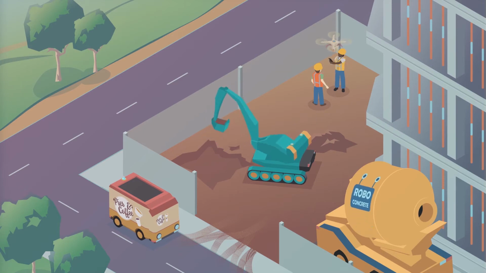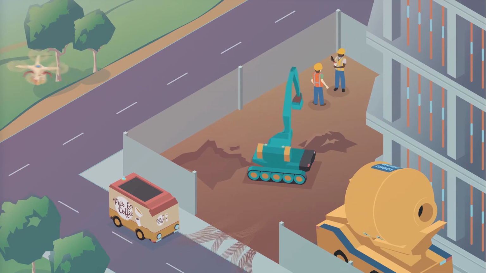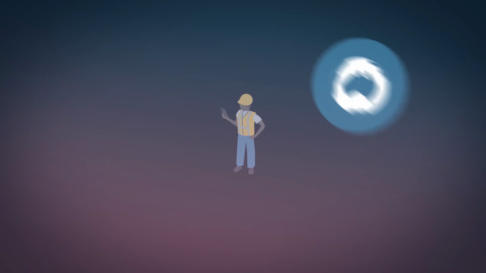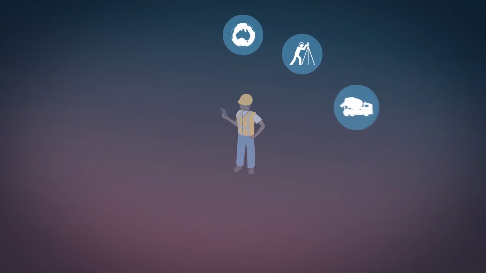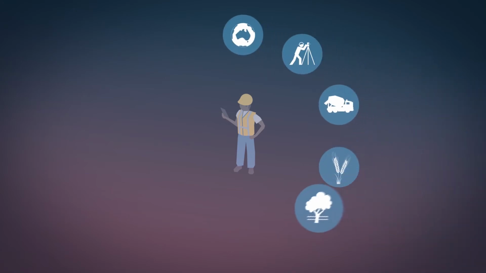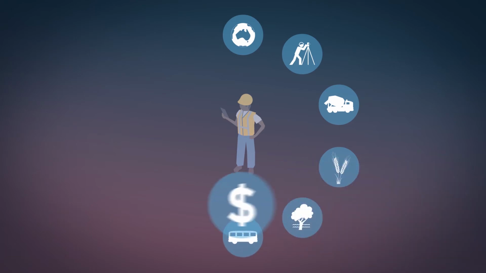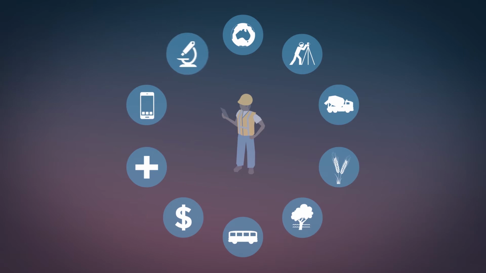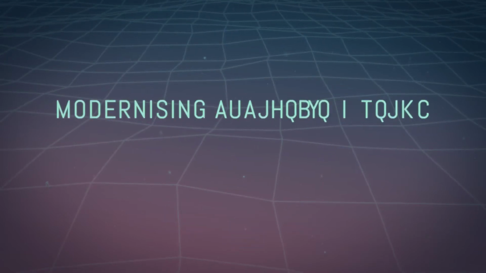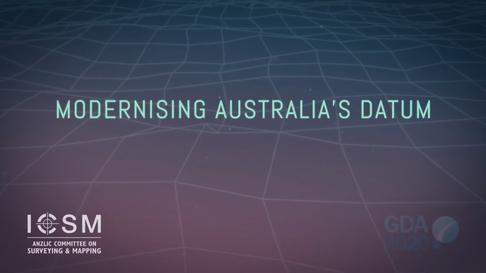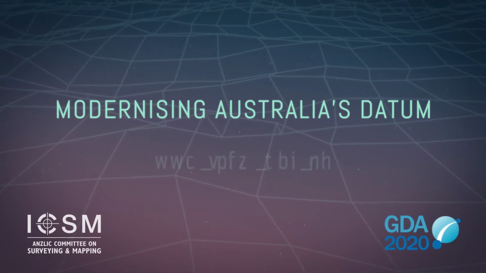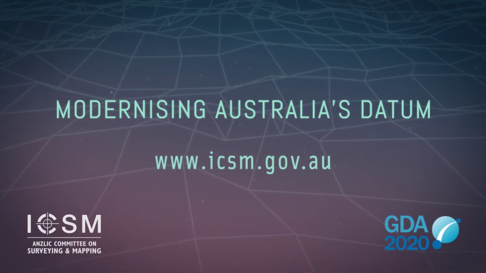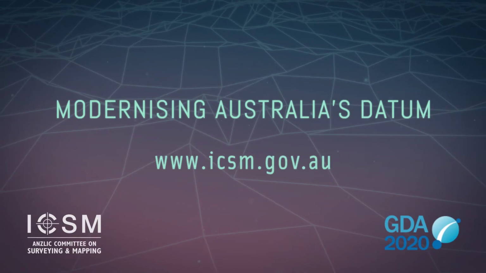Awareness of the change will be needed in any sector that uses spatial information. This includes mapping, surveying, construction, agriculture, environmental management, transport, insurance, emergency services, telecommunications, and scientific research. To find out more about how Australia's data modernisation affects you, please visit our website at www.icsm.gov.au.